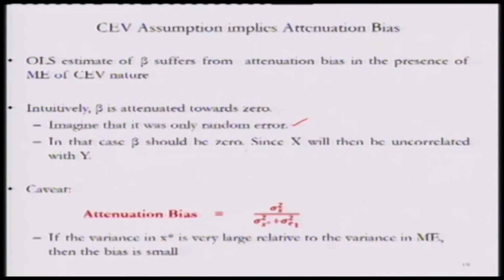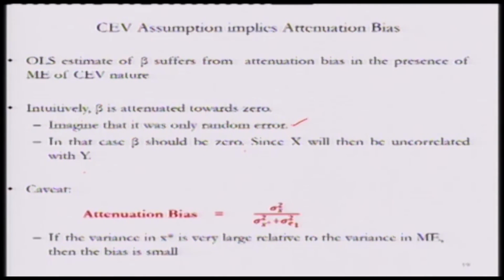So, if x was completely reported with random error, then the coefficient estimate of beta must be equal to 0, because we do not expect a correlation between this x, which is completely measurement error, and the y variable. So, beta should be equal to 0, since x will then be uncorrelated with y.